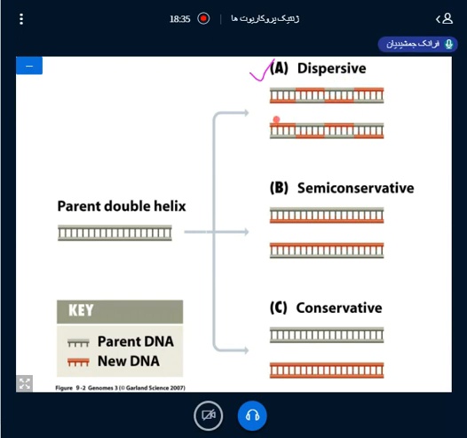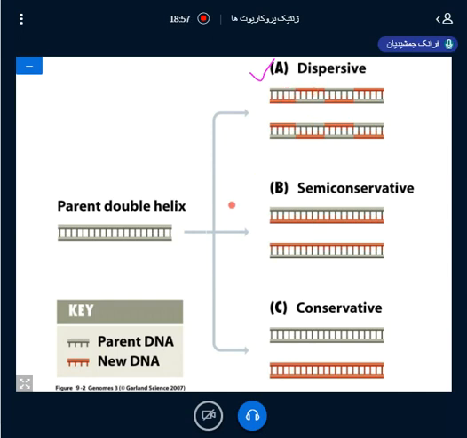You can see here, the red one is new DNA, and the gray one is older DNA. So the dispersive theory said that in DNA replication, we have one part new and one part old DNA.